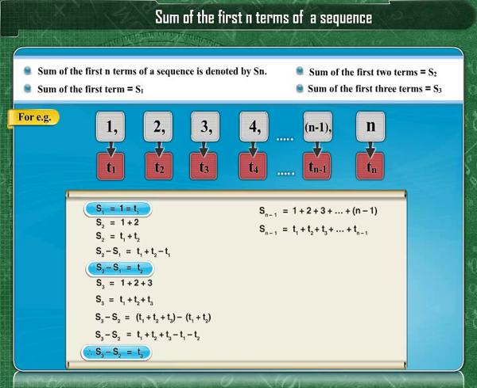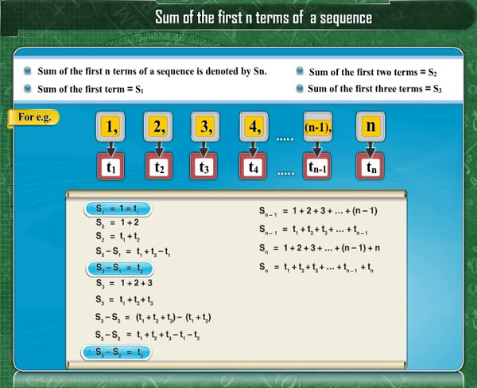Now, what is the sum of the first n terms? The sum of the first n terms Sn is 1 plus 2 plus 3 and so on up till plus n-1 plus n, which is nothing but T1 plus T2 plus T3 and so on till Tn.